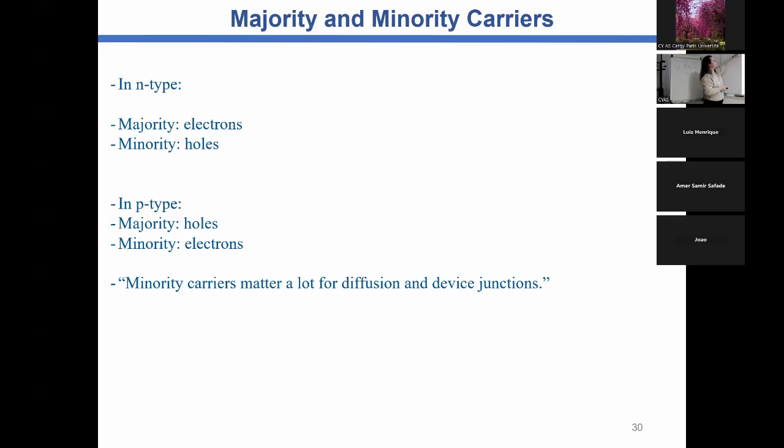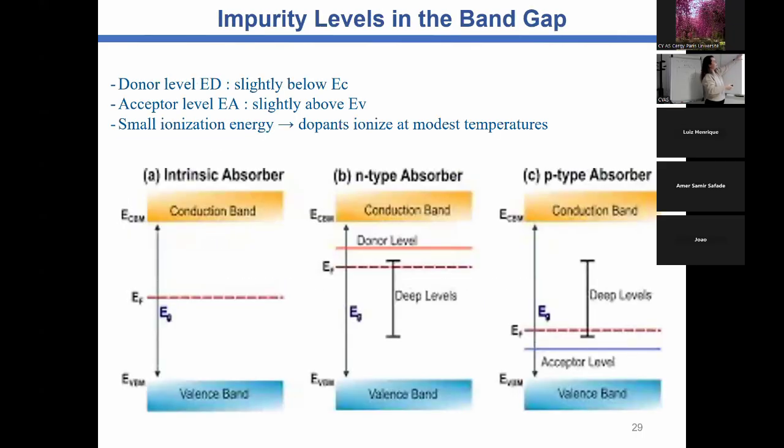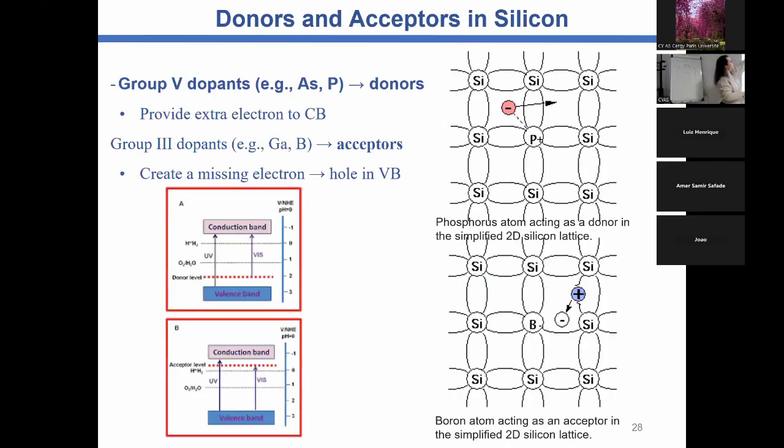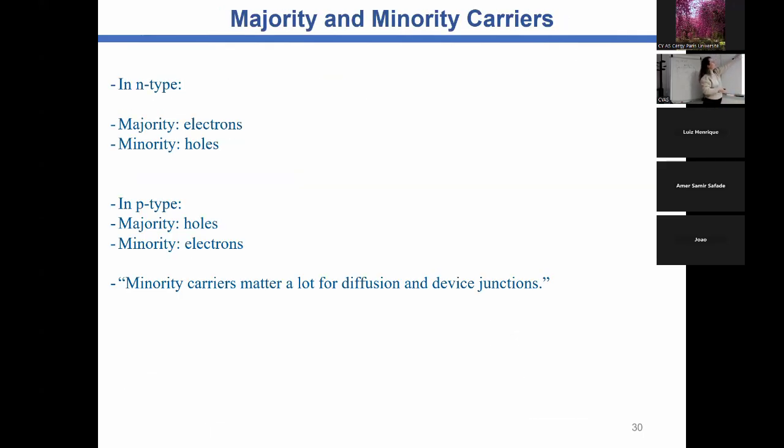It means if we have an N-type material, that is for instance, silicon doped with phosphorus, we have more electrons than holes.